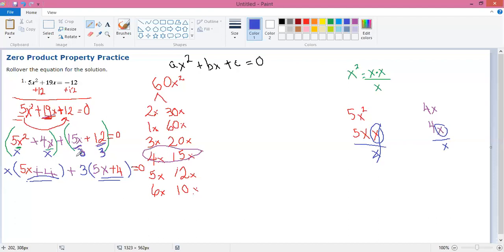So I divide the 15x by 3. Five x, because it's 15x divided by 3. Yes, exactly. So you would have 5x plus 4 in that second group of parentheses.